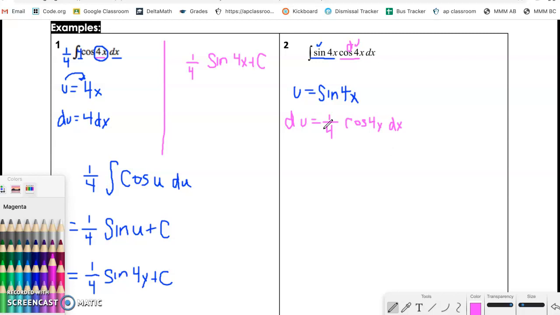Remember, I got the 1/4 because when I took the derivative, we have to use the chain rule. Sorry, a little off today, guys, a little sick. My derivative of this is 4 cosine 4x, because by the chain rule the derivative of the inside expression 4x is just 4. So it'll be 4 cos 4x dx.